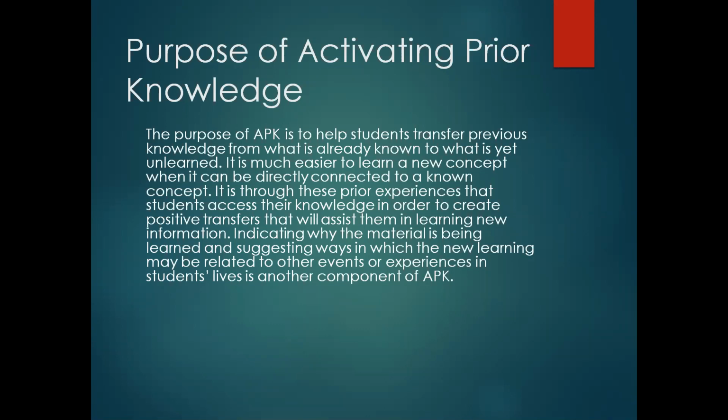You're channeling those connections that have already been made so they can have an easier time connecting to what you're about to learn. Without activating prior knowledge, it's like you're trying to build roads that don't exist, when it might be easier to take a road that might already be there. You just want to make it stronger. That's what you're doing through activating prior knowledge.